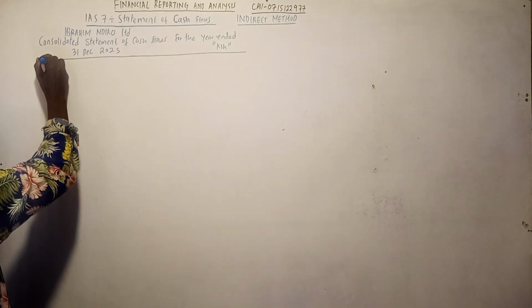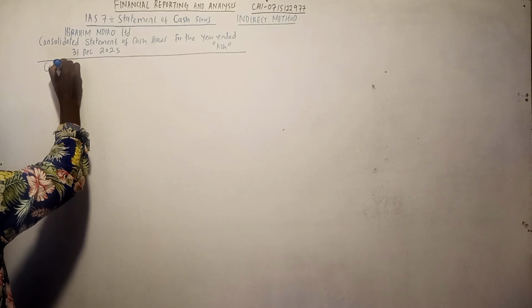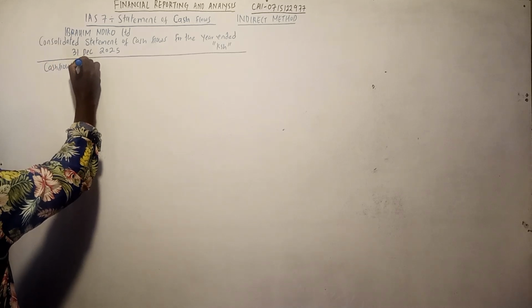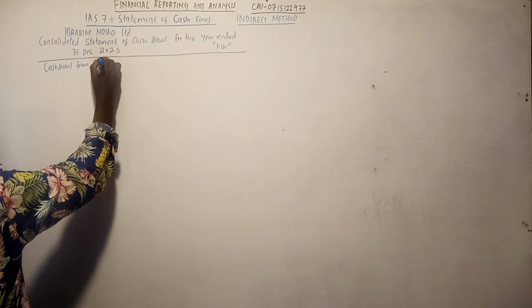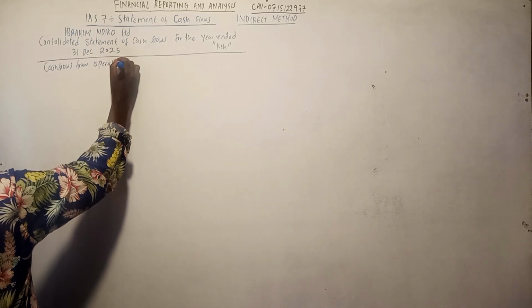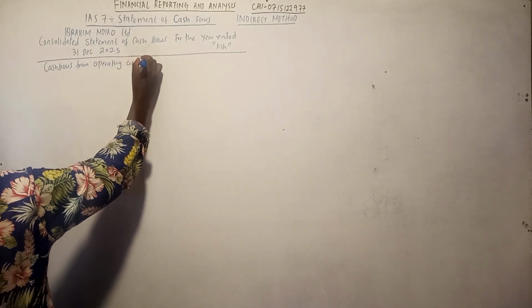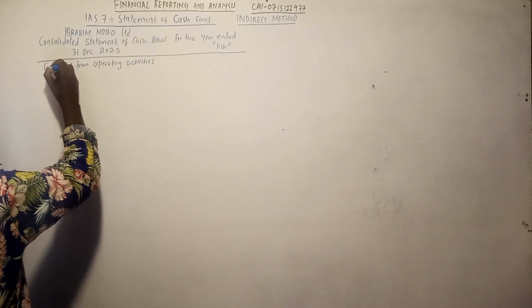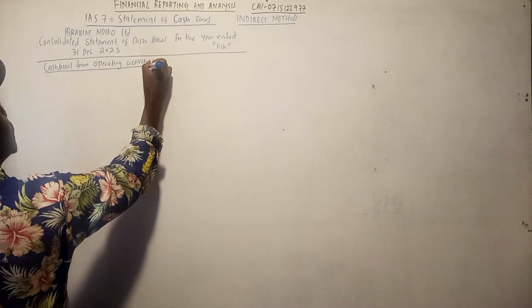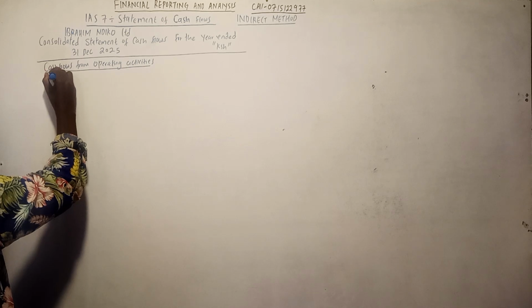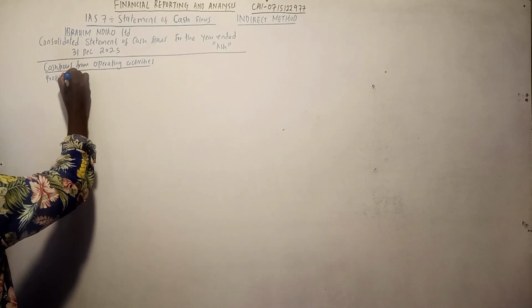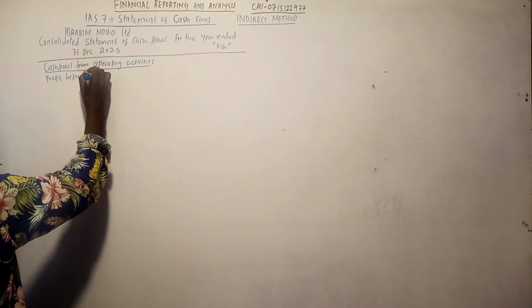So we start with the first one, cash flows from operating activities. So we start with the profit before tax.